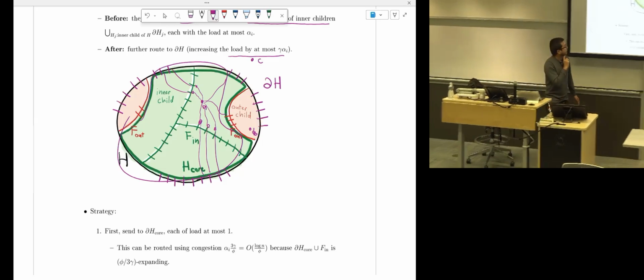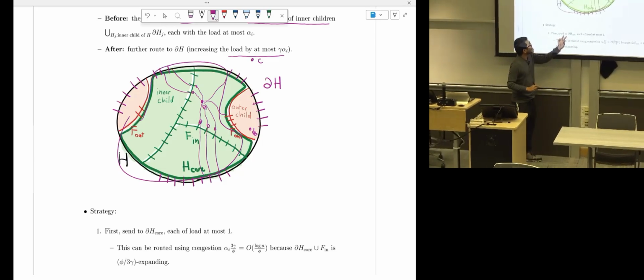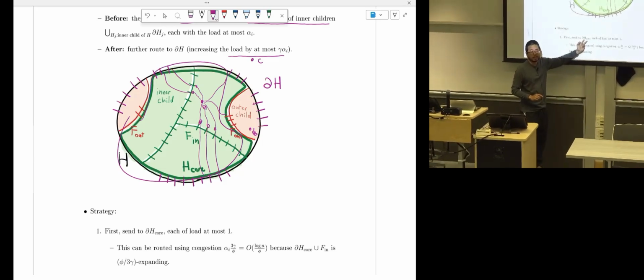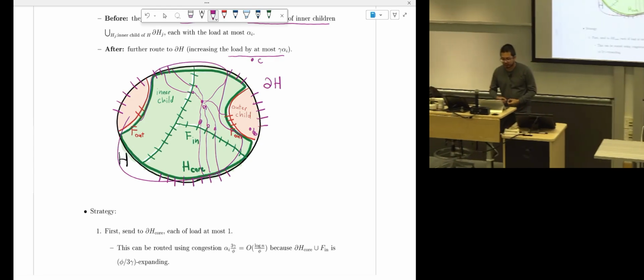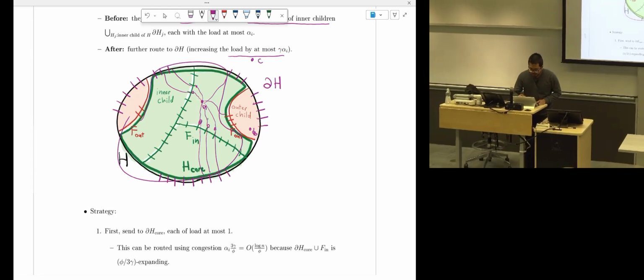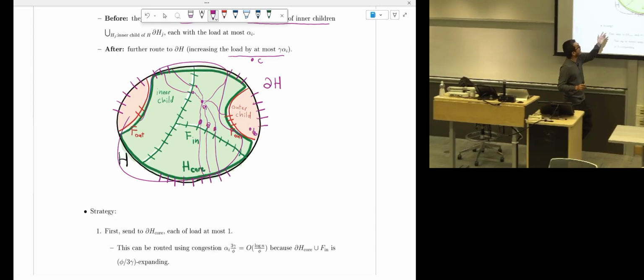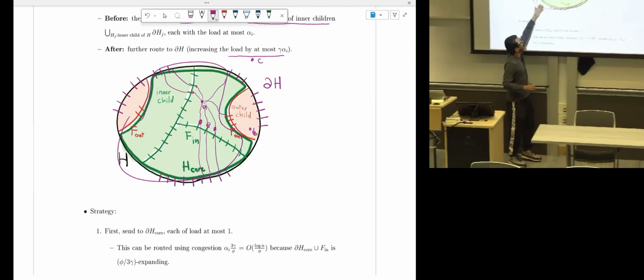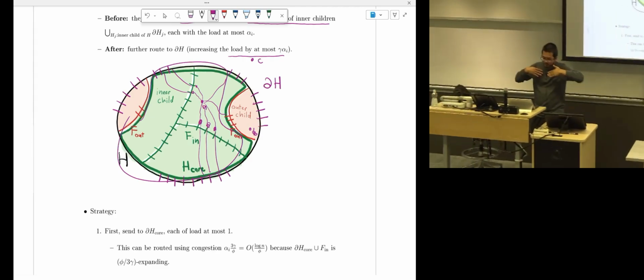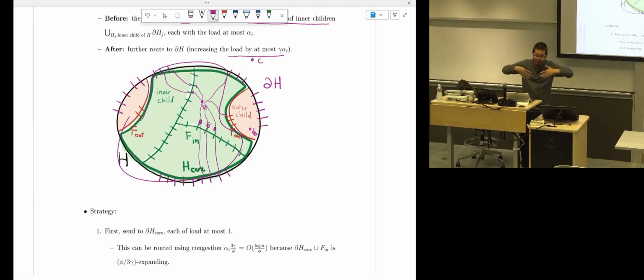Okay. Kind of forward it to the battery of the core. Not quite yet the battery of H, but just the battery of the core. And the load at the core when I forward should actually be at most 1. And why can I do this? Well, so far I have the flow F in, or the battery of the core, and I just want to send to the battery of the core.